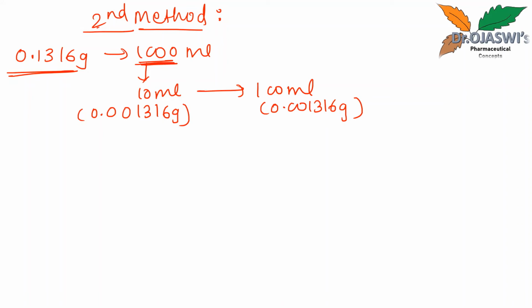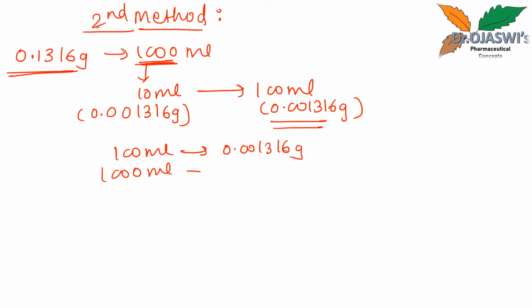So 100 ml contains this much drug, so how much drug in 1000 ml, because I want to convert it into liter. So 100 ml contains 0.01316 grams, so in 1000 ml how much drug? That comes out to be 0.1316 grams.